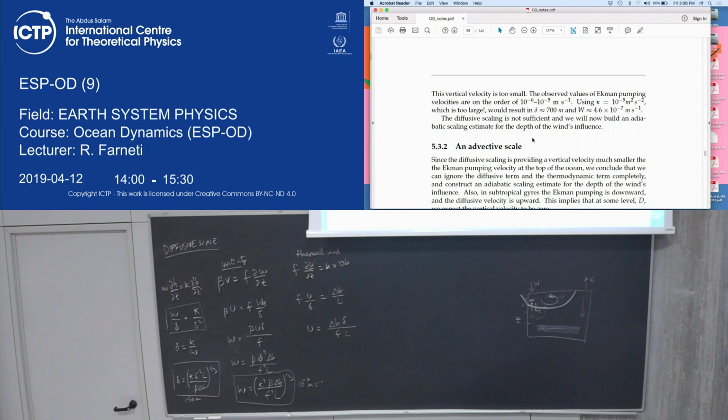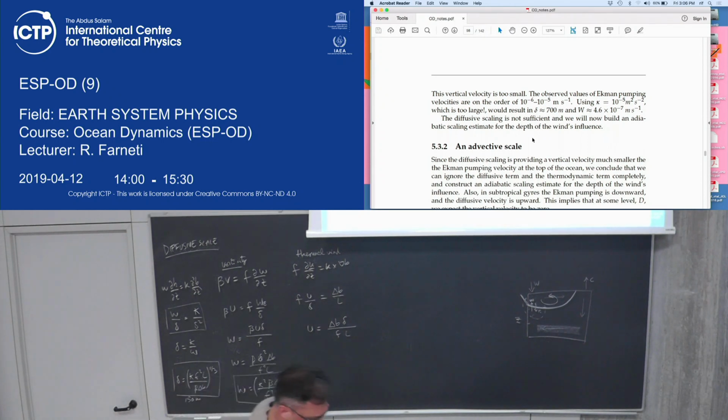If you use, that's supposed to be kappa 10 to the minus 4. Okay, this is a mistake. Then you get a delta which is something more realistic, 700 meters. But the Ekman pumping velocity is still too weak. So just a diffusive scaling for the thermocline is not enough to explain the observations.